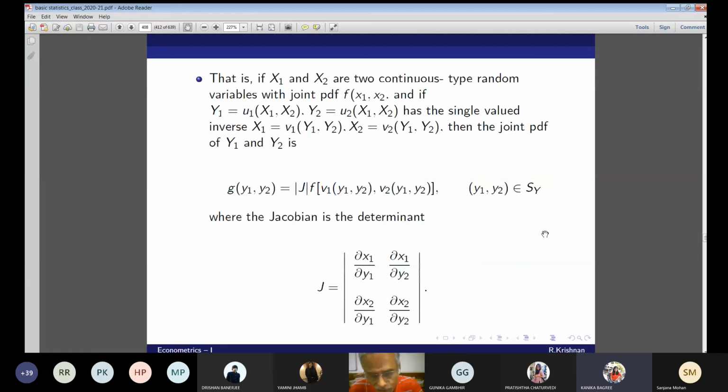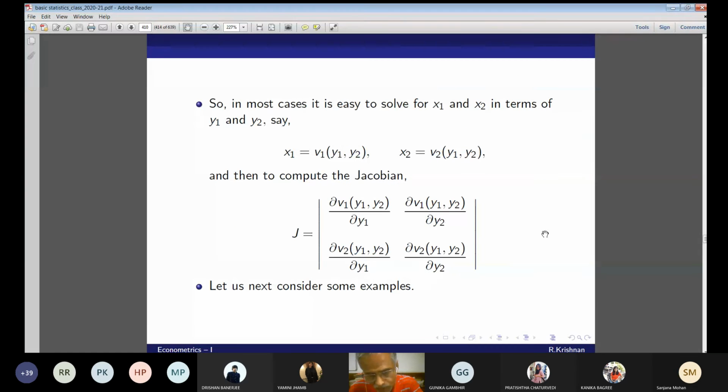Remember, you have to use this formula. You find the determinant to be y2. This is nothing but 2 given to you, isn't it? f of v1, v2 is nothing but f of x1, x2, which I gave to you as 2. So the joint PDF of y1, y2 is simply 2y2. Can I say that?